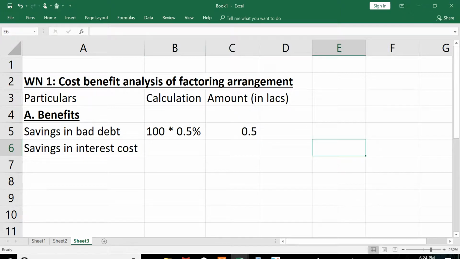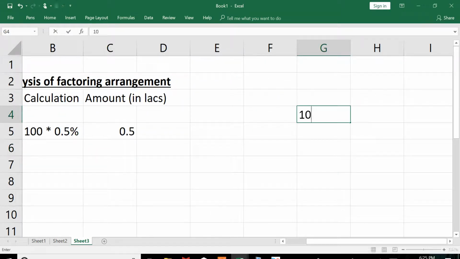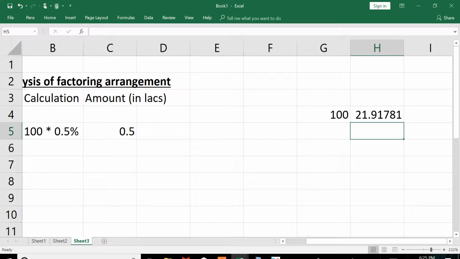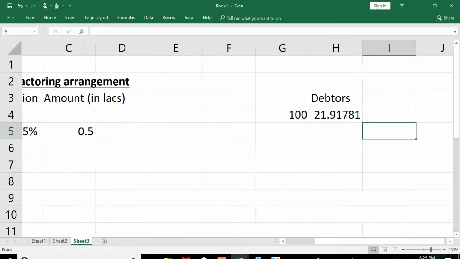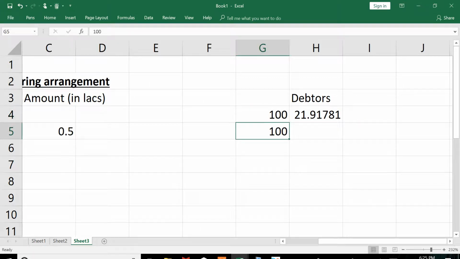Earlier it used to be into 80 by 365; let me take it as 365 itself. This is what debtors was. Now it is 60 days. Sales continues to be 100 and this number now is 60 days.